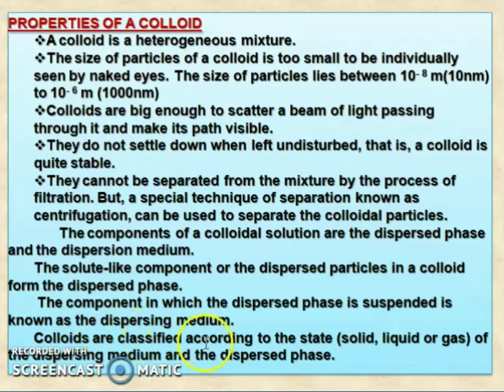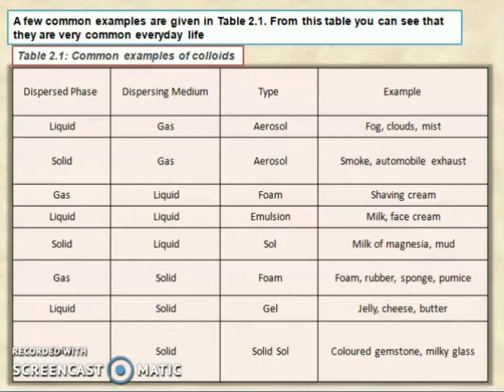So the colloids are classified according to the state, solid, liquid or gas, of the dispersing medium and dispersed phase. A few common examples are given in this table. In this table we can see the dispersed phase, dispersing medium, type and example.